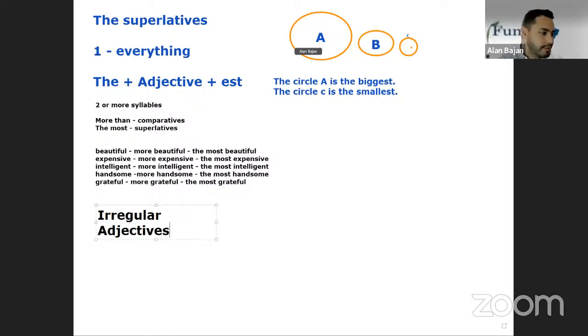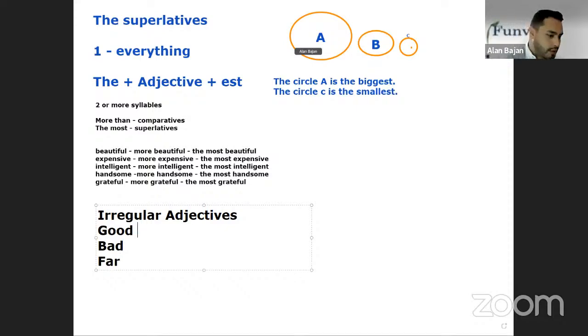For example, good, bad, far. Good, better than, and the best.